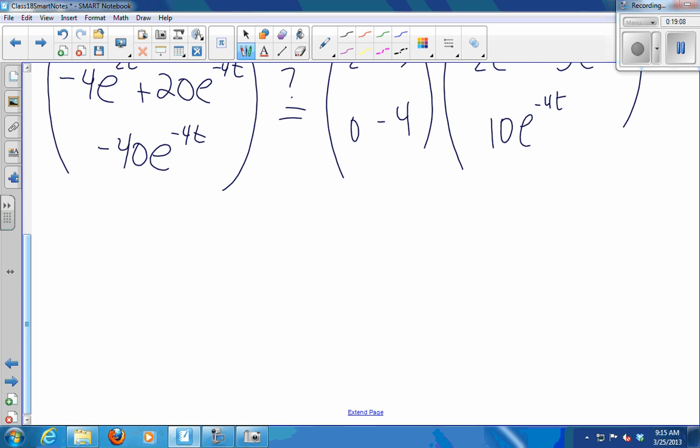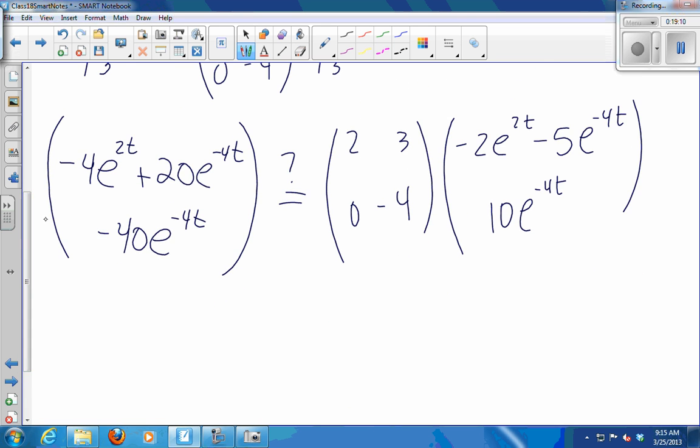So I have to do this matrix multiplication on the right and see if it equals the derivative on the left. Matrix multiplication: take the first row, the 2, 3, multiply it by the vector, and add them together. You lay the 2, 3 on top of the vector, multiply the pieces that match up, and add the two together.